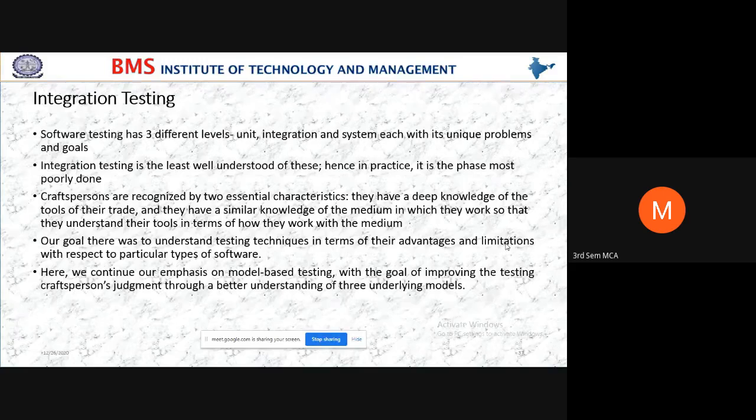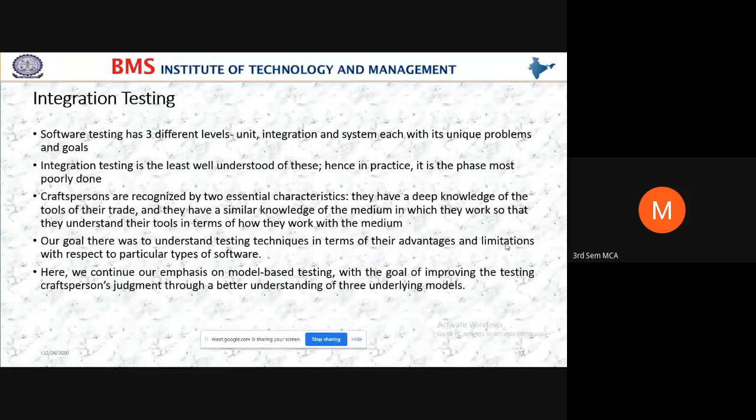The first level is unit testing, the second is integration testing, and the third is system testing. Each level has its unique problems and goals, meaning in each level a unique problem will be tested.